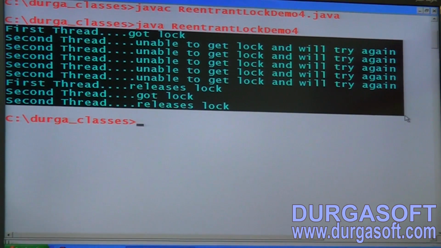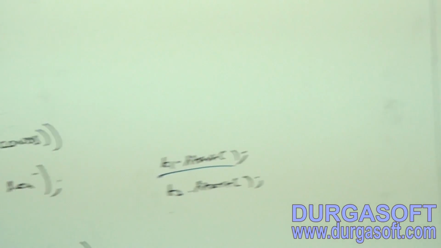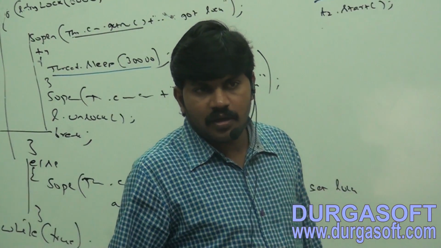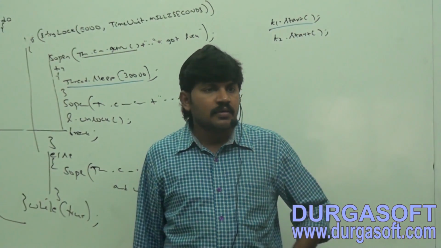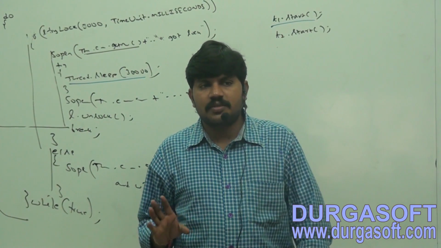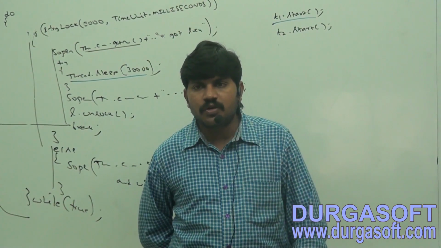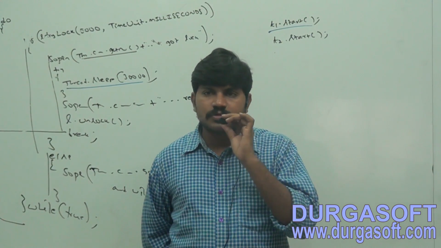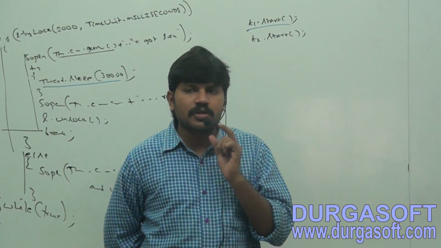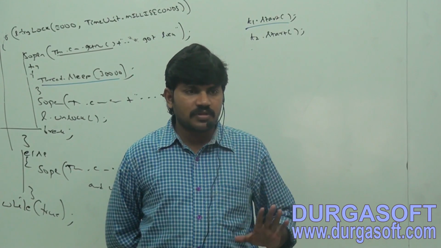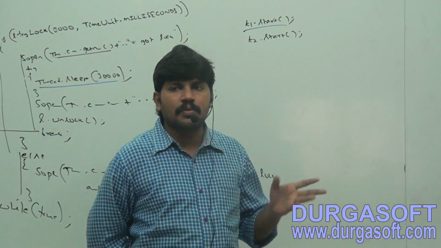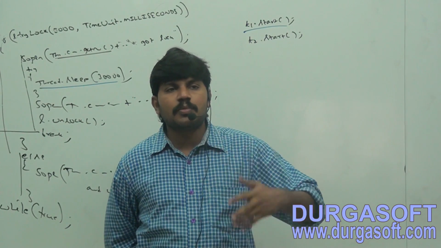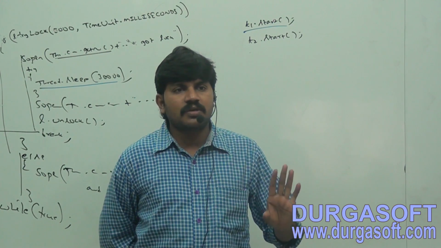Okay, so that's all. This is about the Lock interface and ReentrantLock. After knowing this concept, usage of the synchronized keyword is never recommended. Are you getting that? This lock concept gives more enhanced flexibility to the programmer than the synchronized keyword. But unfortunately, most people don't know about this concept. Still, people are habituated to the synchronized keyword only.